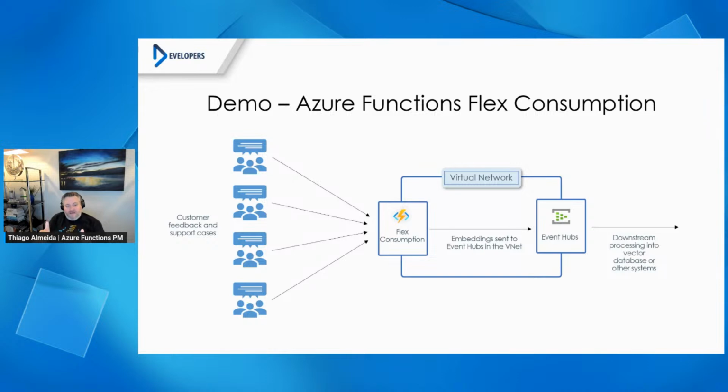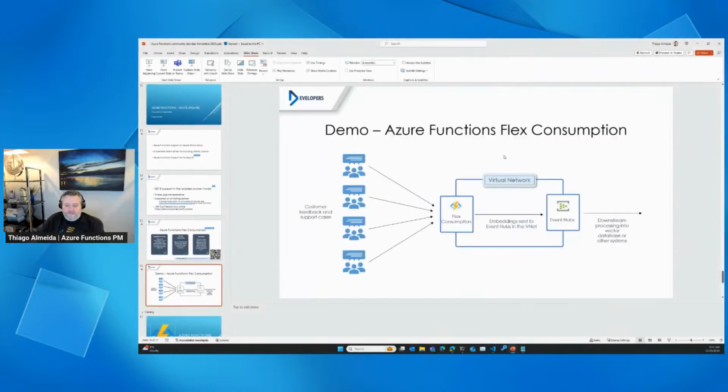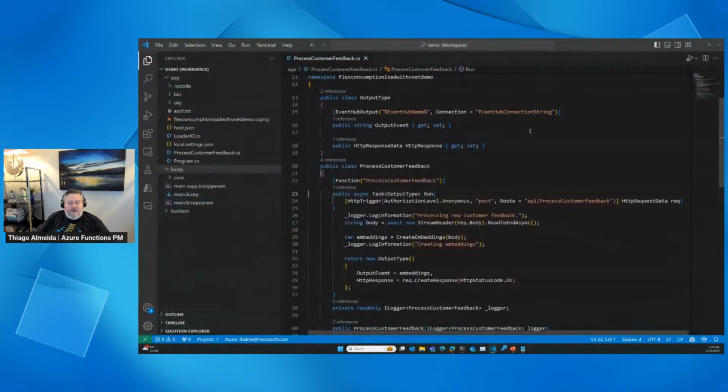But the key thing here, besides the lots of support cases coming in, is that Flex Consumption is talking to event hubs here as the downstream system through a virtual network. So let's have a quick look at that. I have here a typical .NET isolated app.